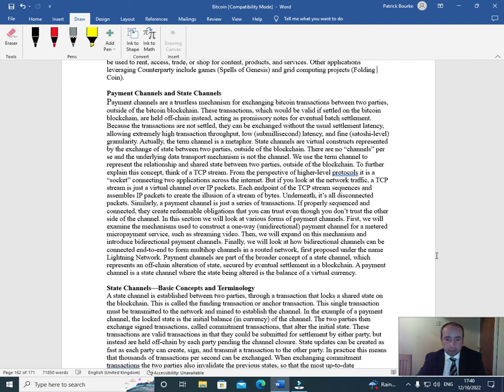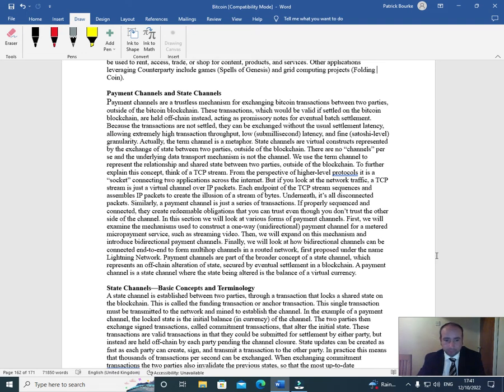Each endpoint of the TCP stream sequences and assembles IP packets to create the illusion of a stream of bytes. Underneath, it's all disconnected packets. Similarly, a payment channel is just a series of transactions. If properly sequenced and connected, they create redeemable obligations that you can trust, even though you don't trust the other side of the channel. In this section, we'll look at various forms of payment channels.